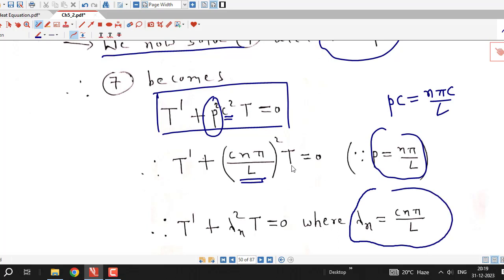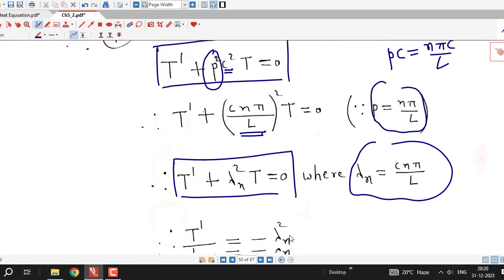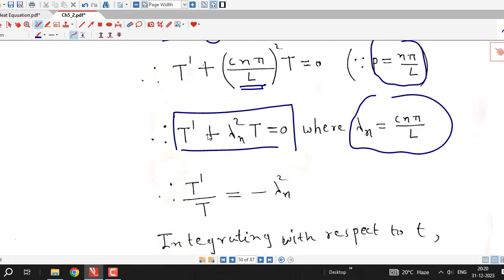Lambda n is the notation for c n pi over L, and I write my equation in this form. And again I can separate the variables.